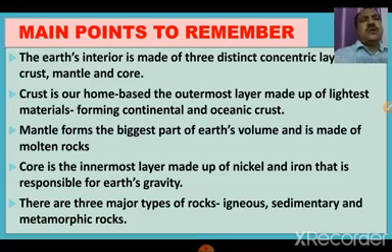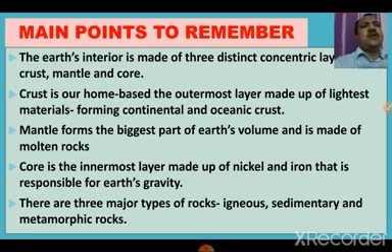So now we are coming to almost the end of the chapter. Once again, I remind you of the important points to be remembered from this chapter. The earth's interior is made up of three distinct concentric layers: crust, mantle, and core. Crust is our home base, the outermost layer made up of the lightest materials, forming continental and oceanic crust.